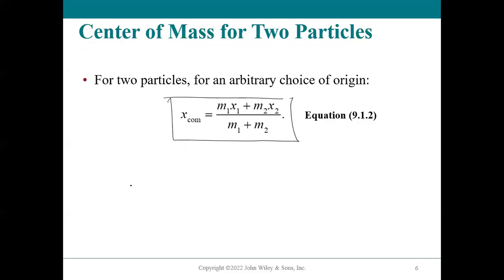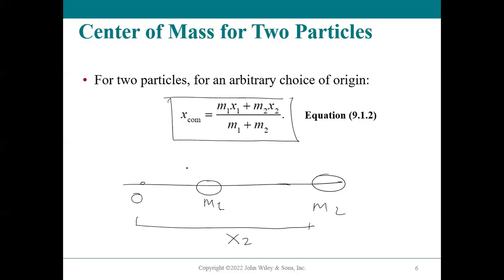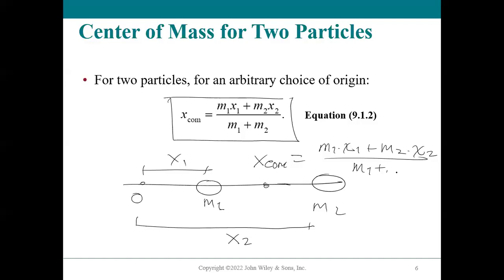For example, if we have this point as the origin, then mass 1 at position x1 and mass 2 at position x2, we can find the position of the center of mass of these two particles. The center of mass is m1 x1 plus m2 x2 divided by the total of m1 plus m2.